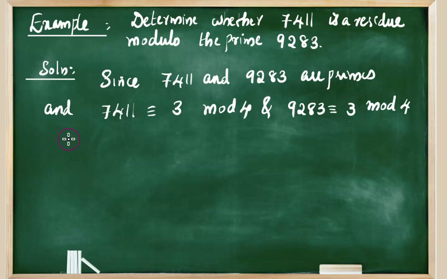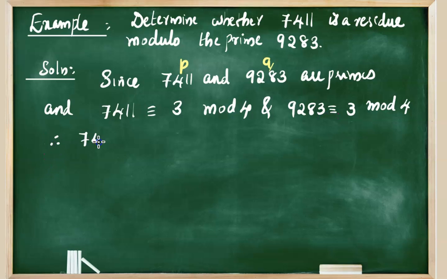So, by quadratic reciprocity law, since instead of p and q, here 7411 and 9283 are the primes here, and we have seen that p is congruent to 3 modulo 4 and q is also congruent to 3 modulo 4.